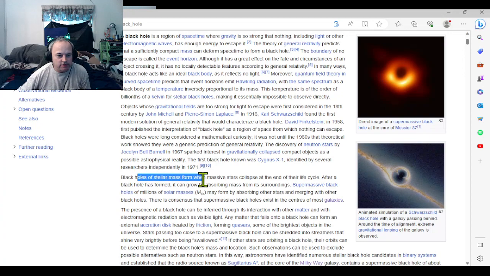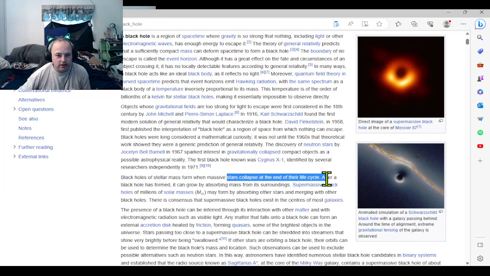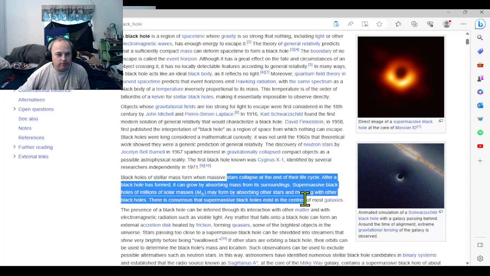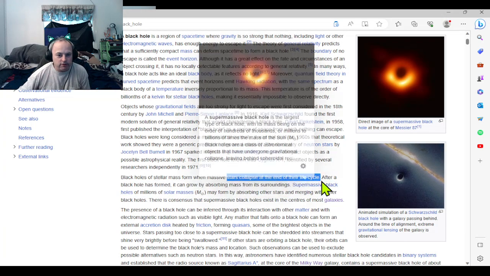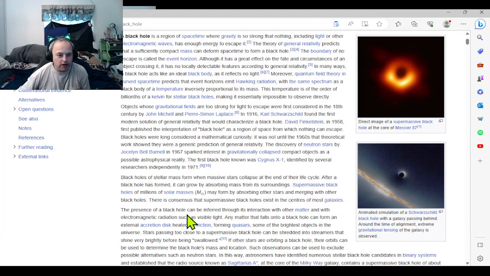So black holes of stellar mass form when massive stars collapse at the end of their life cycle. So stars have a life cycle. And then supermassive black holes may form by absorbing other stars and merging with other black holes.